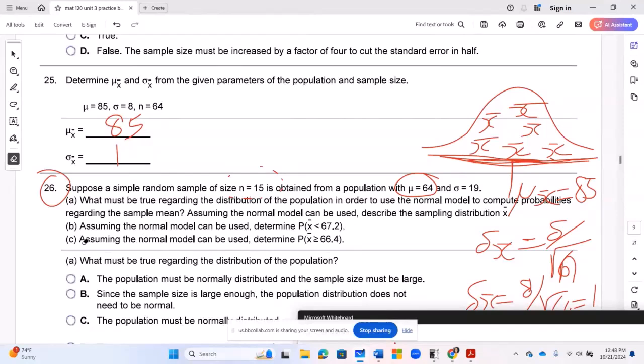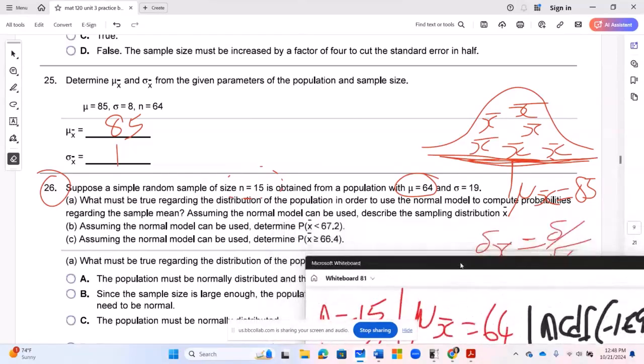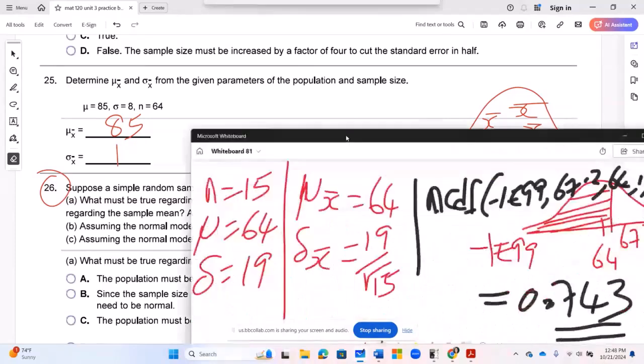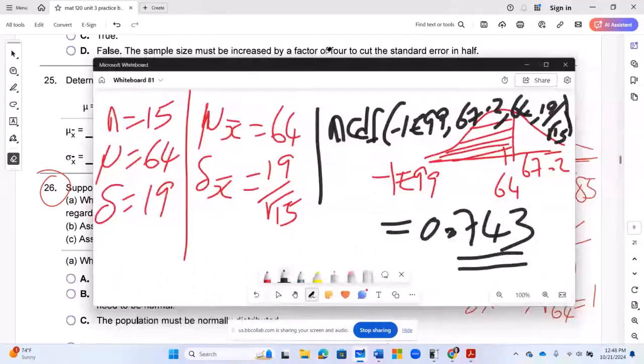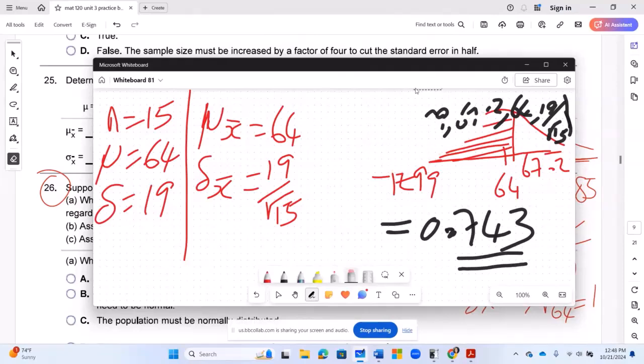So the next question is C. Assuming the normal model can be used, determine area to the right. So this is another question, area to the right of 66.4. So let's find area to the right of 66.4. Everything is going to be the same except area to the right of 66.4.